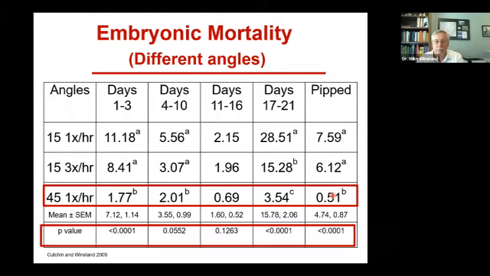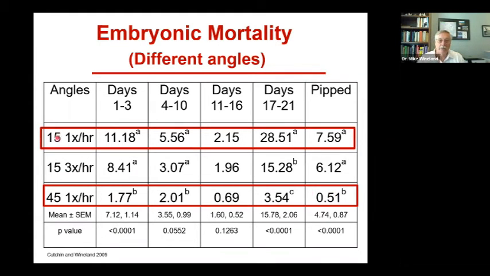And then when they were turned 15 degrees one time per hour, you can see that there was a significant increase in every case except for 11 to 16 for that angle and frequency. When she increased the frequency to 3 times per hour at 15, then there was some improvement from when it was just 1 time per hour.